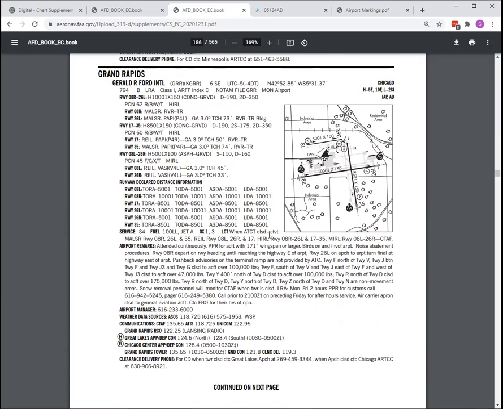So very detailed in the information available. These are great resources for planning flights and seeing what airports have: runway lengths available, what services they have, what the frequencies are. You can find these just by searching chart supplement and then finding the right one for your area and then finding the airport that you need.